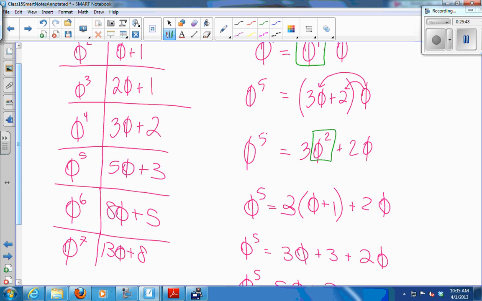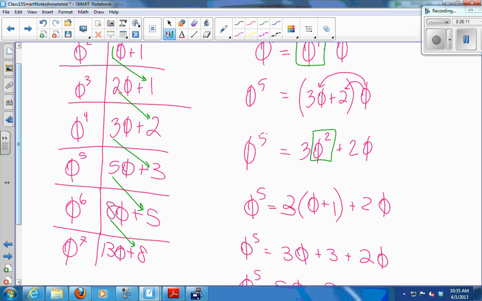We saw that the previous coefficient becomes what gets added on as the constant in the next one. So you can pretty quickly predict what you're going to add on next time.